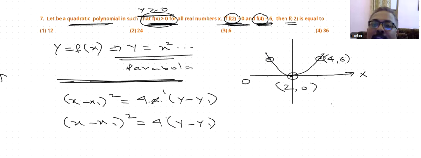Another point will be here as (0, 6). The parabola has two points: one is (4, 6), another is (0, 6) for sure, and (2, 0) will be the vertex of the parabola. And this will be the origin, and this will be your y-axis.